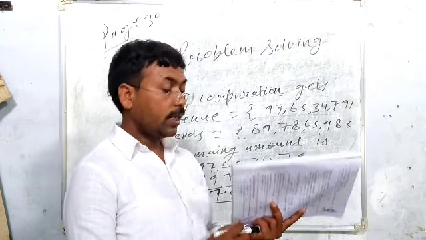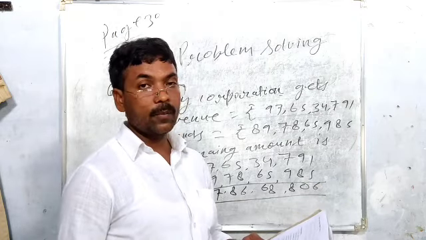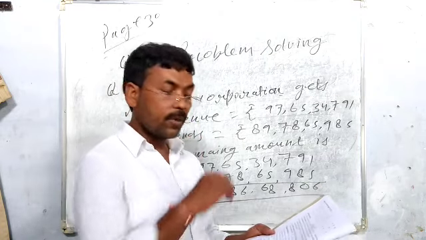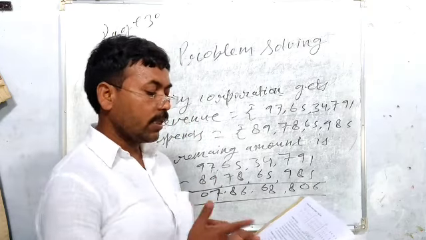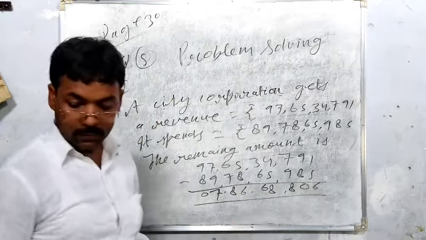Difference is given and the greater number is given. Here asking the smaller number. So we will use the operation subtraction. We will subtract the difference from the greater number.